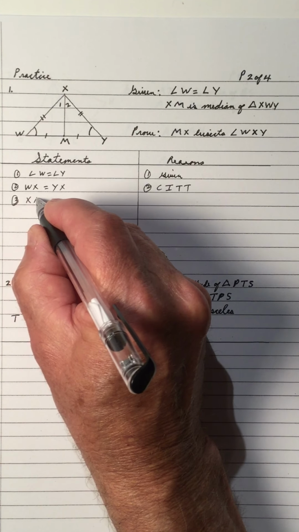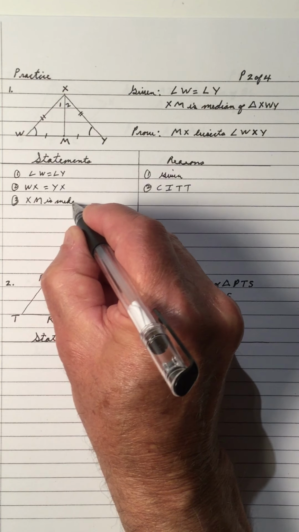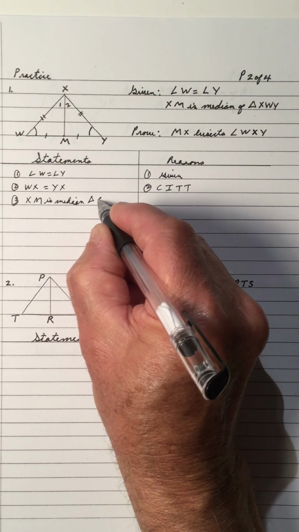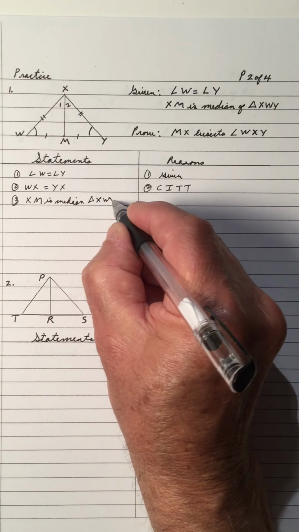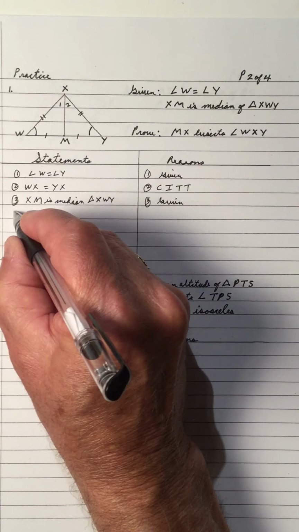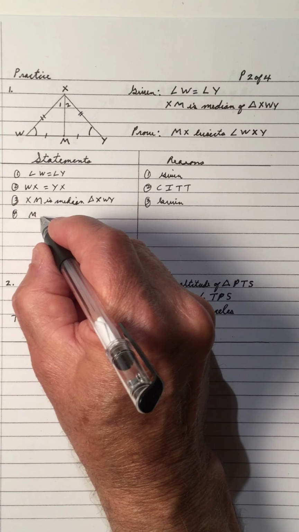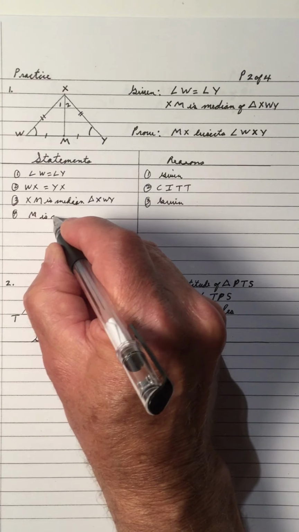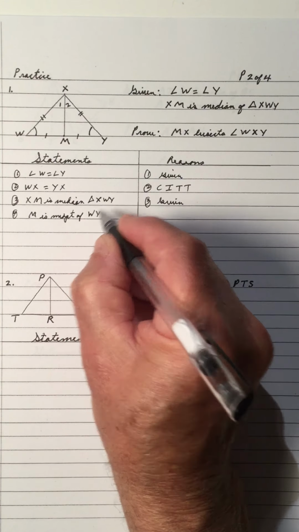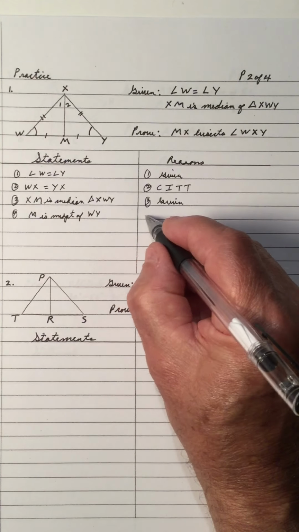And we have XM is a median of triangle XWY, given. And as a result, M is a midpoint of WY, because a median goes from a vertex to the midpoint of the opposite side.